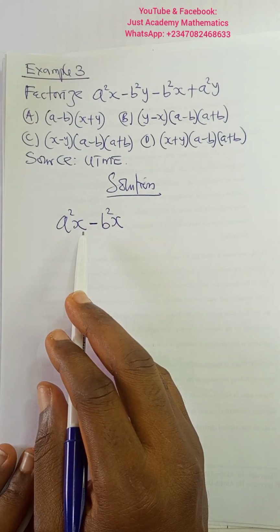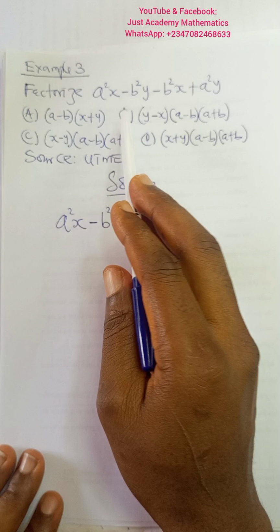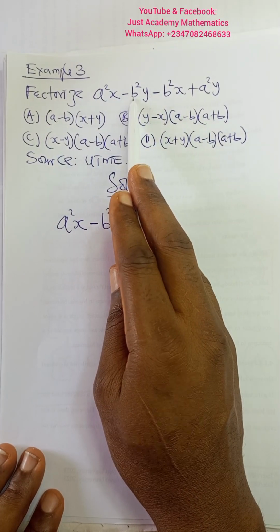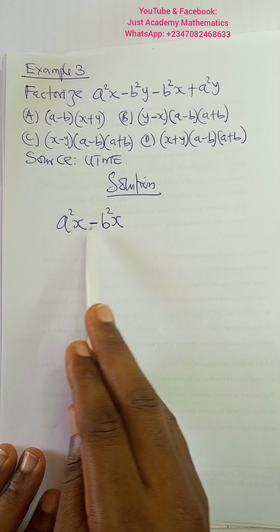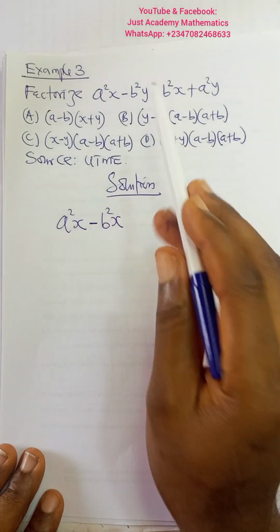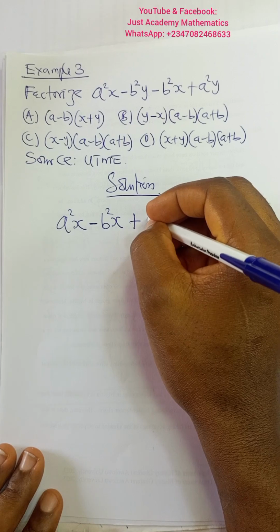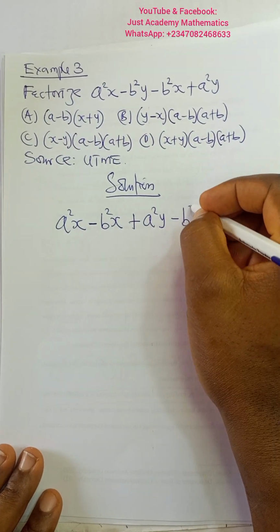Now notice that a is coming before b. So don't start with this b. If you start with this b, you will have an issue having the same bracket. Since a is starting, start with this one now. So you have plus a square y, then minus b square y.